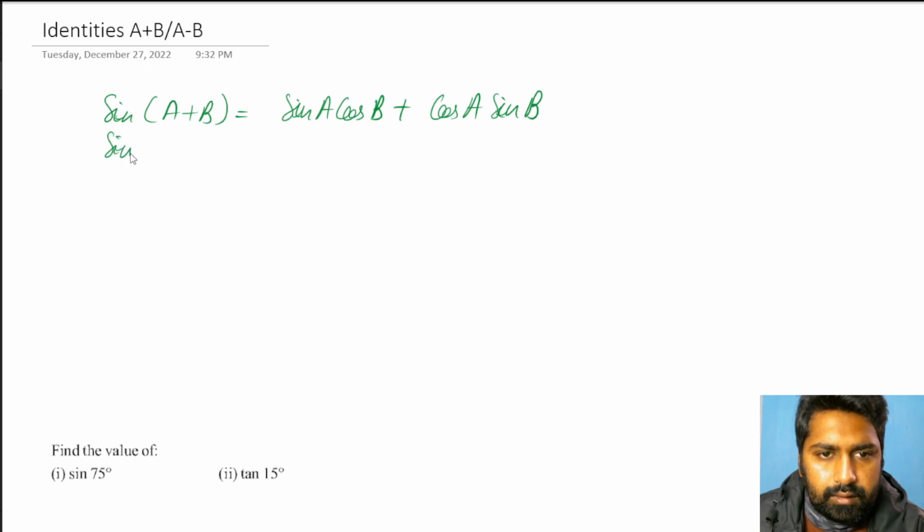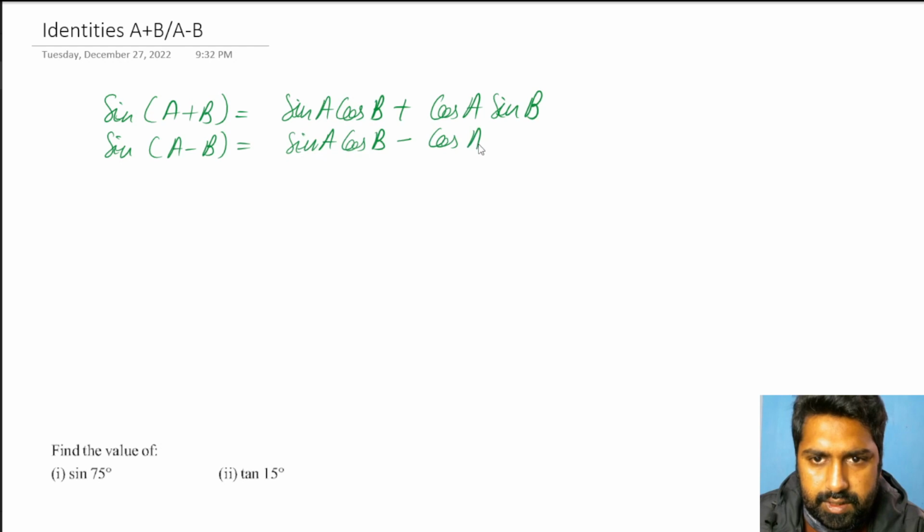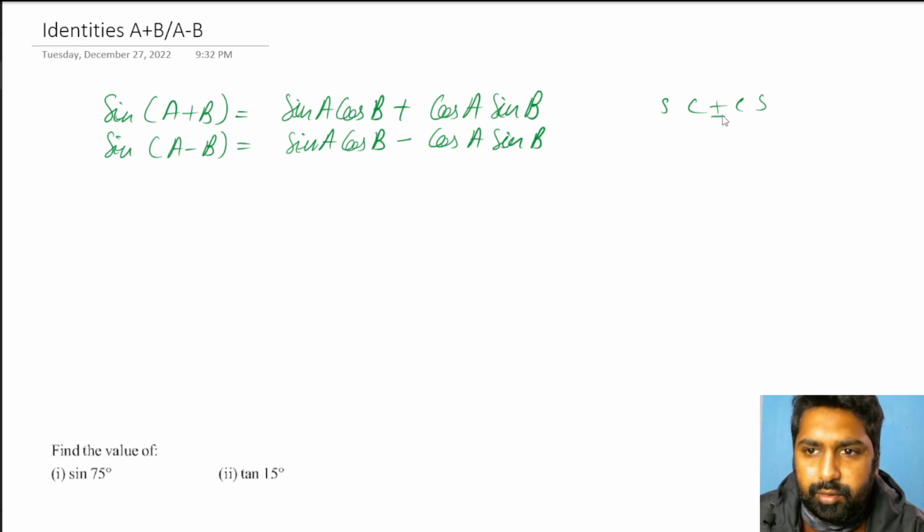Similarly, sine a minus b is sin a cos b minus cos a sin b. Now the format you need to remember to learn this identity is sine cos cos sine. If the identity is regarding plus, so plus.